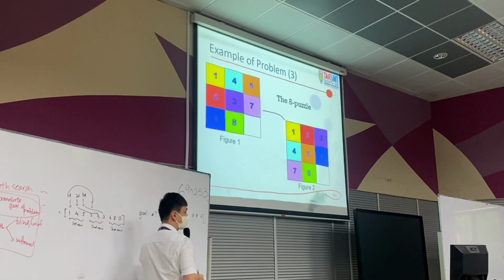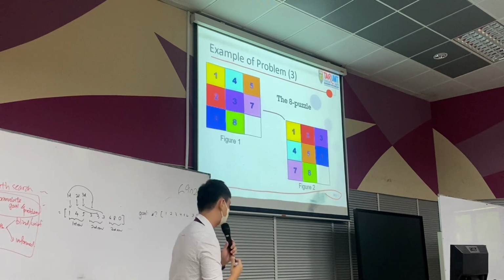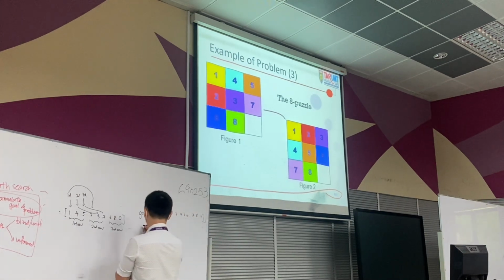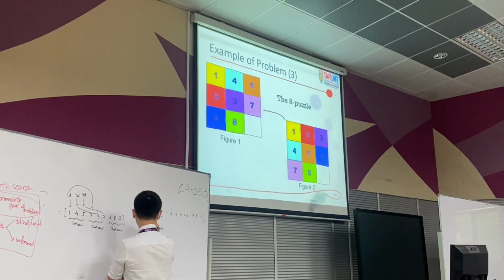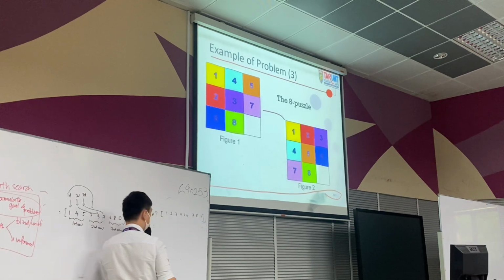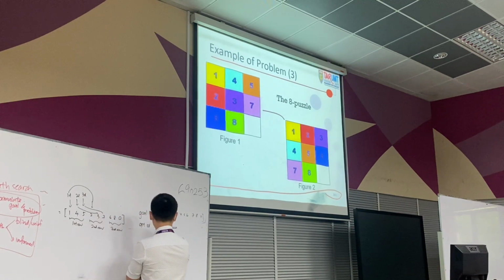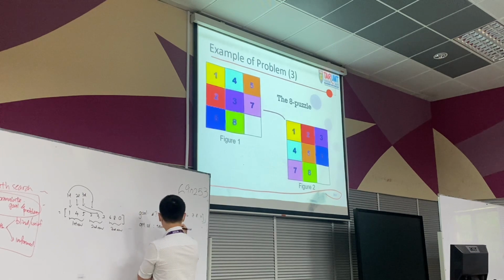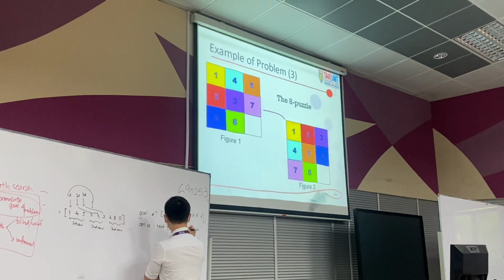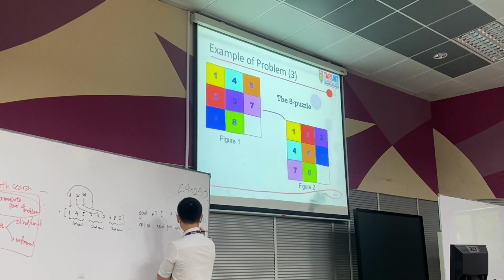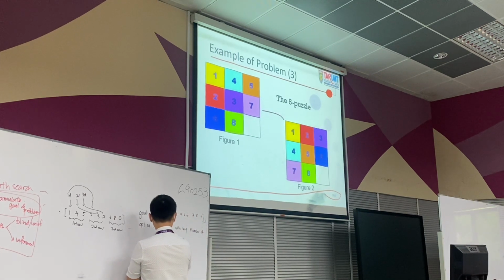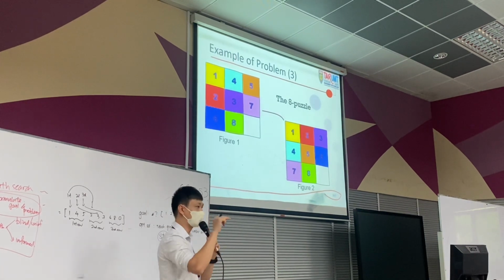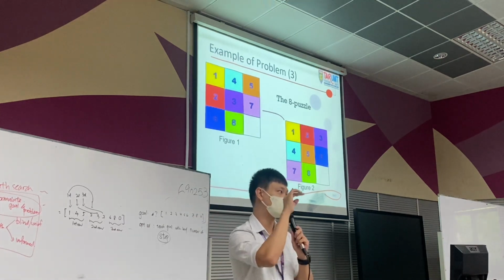And then what is your optimal solution? Yes, you would like to reach the goal with the least number of steps. The step here refers to the slide, right? One slide is equal to one step.